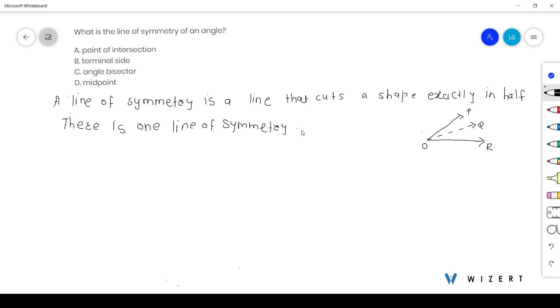Here it is 1. So, this one line of symmetry is symmetric along the angle bisector.